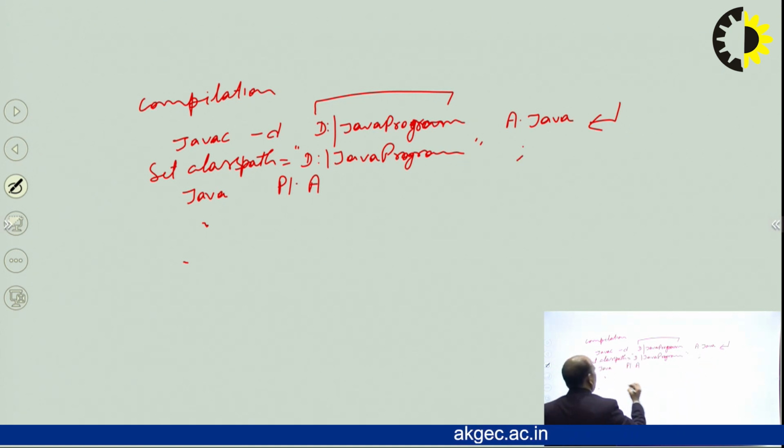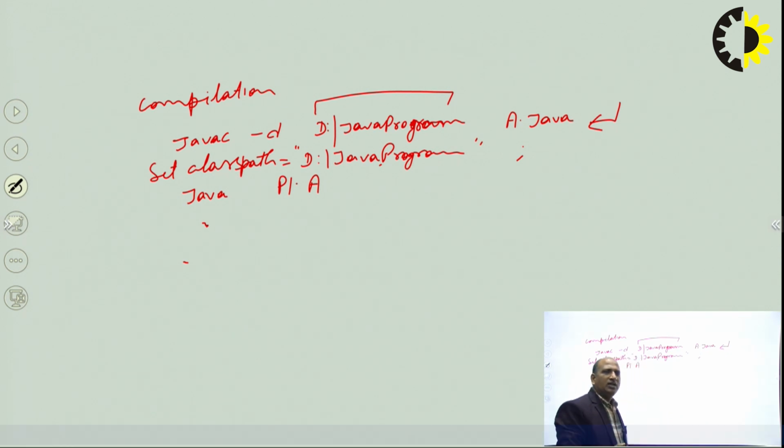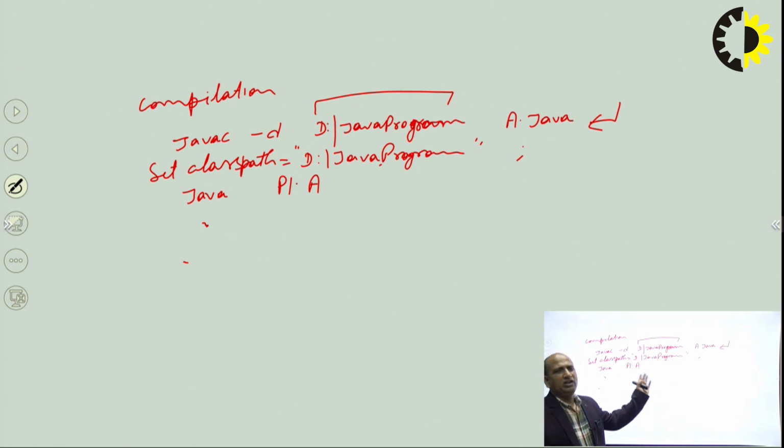Now your compiler will look for your .class file at this place, and I have already told you, once your class is within a package, its name will be accessed with the fully qualified name.